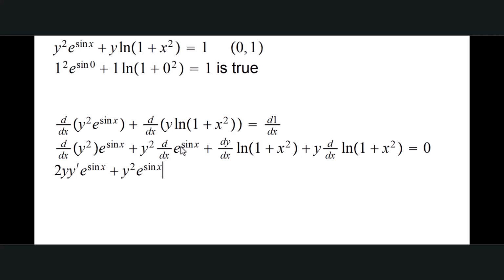And here, since I have a function of x which is not the identity, we'll have to multiply by the derivative of this function, which is how much? Which is cosine x.